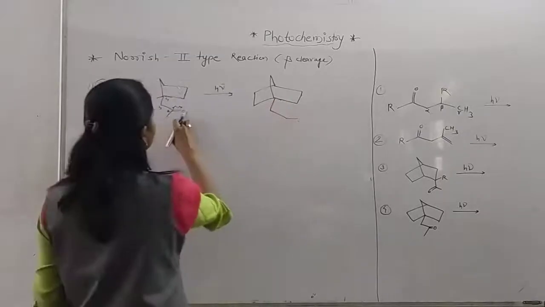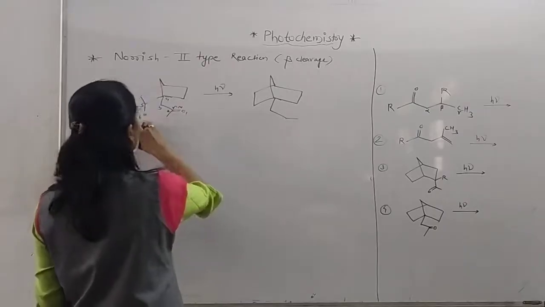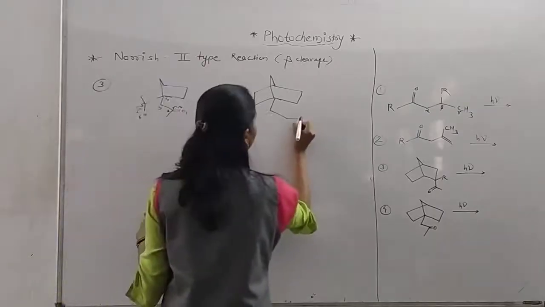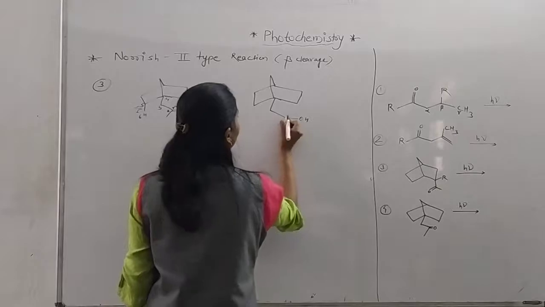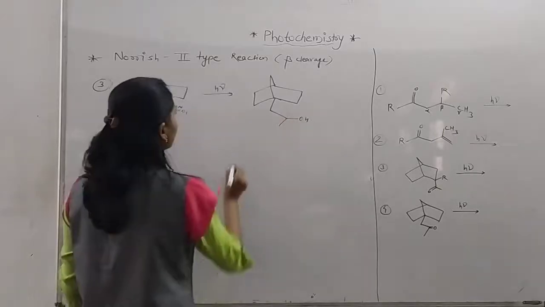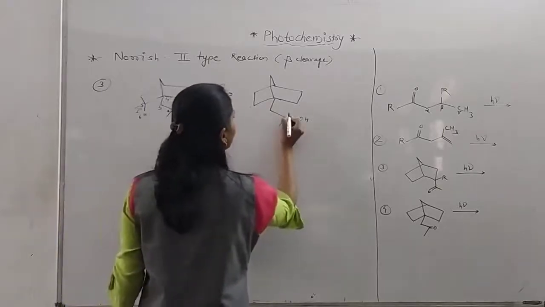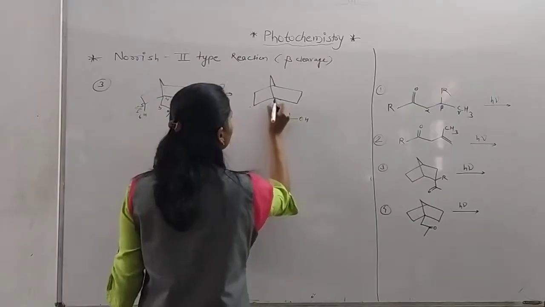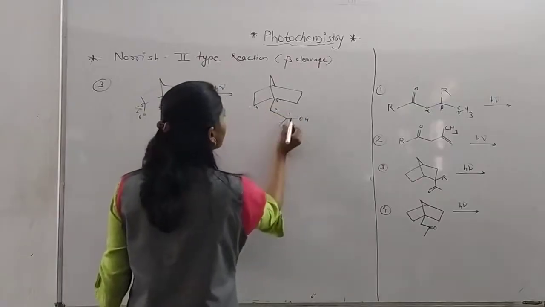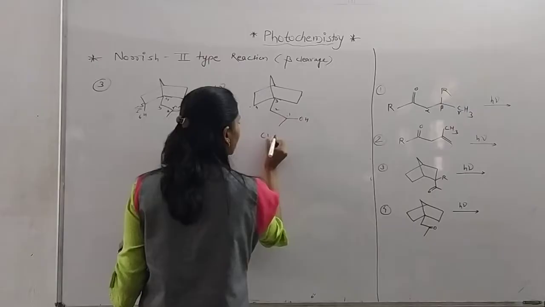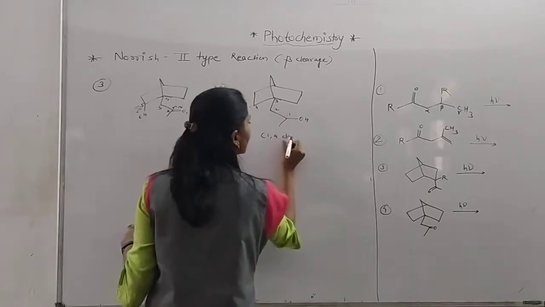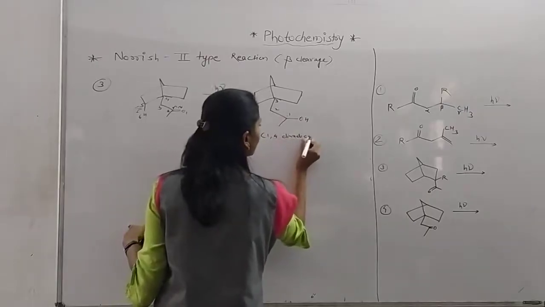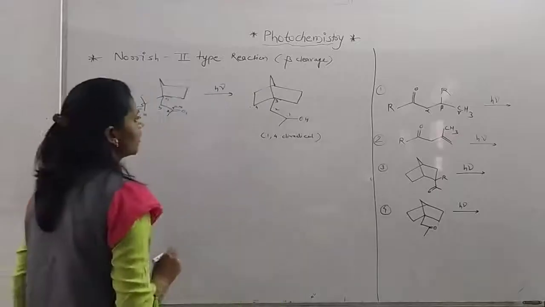Here oxygen has a radical and this hydrogen has a radical, so I have directly OH here, and on this carbon there is a radical and here is a radical. So I have given numbers 1, 2, 3 and here 4. A 1,4 diradical intermediate will be formed here. Okay.